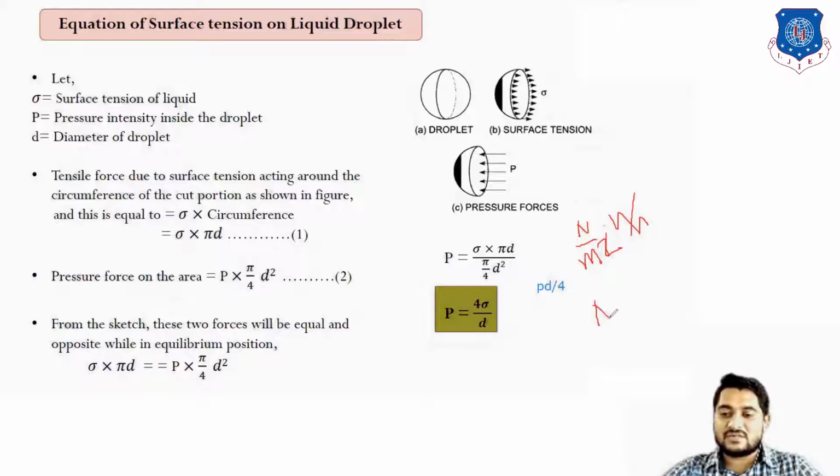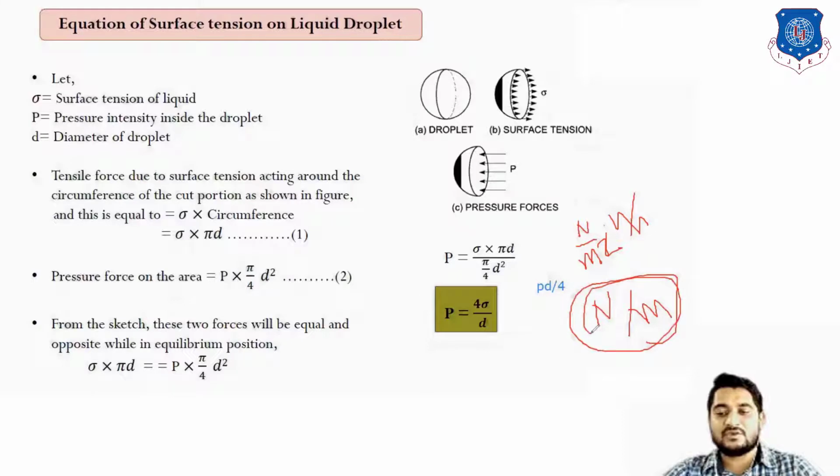So basically, for the SI unit of surface tension we can consider Newton per meter. Clear? So this is the first equation. Remember this final equation, guys. We have to balance only surface tension and pressure forces. Sigma is applicable on circumference and pressure force is applicable on cross section area. So the final equation for liquid droplet is P is equal to 4 sigma by d.